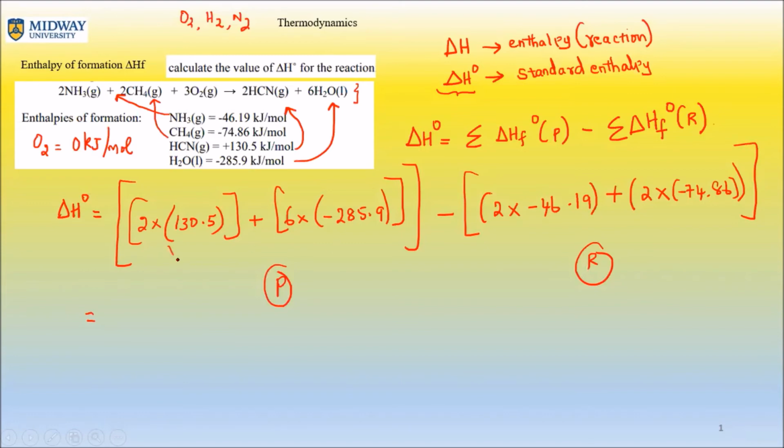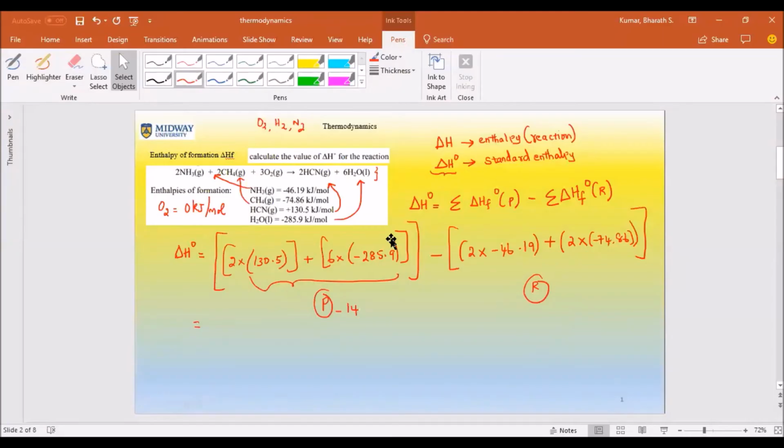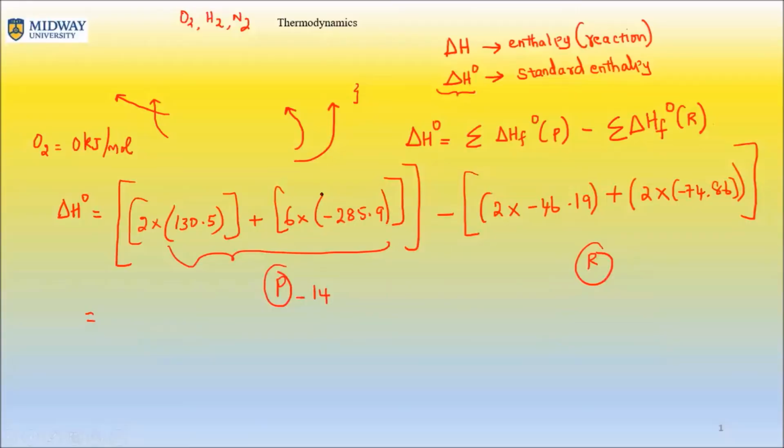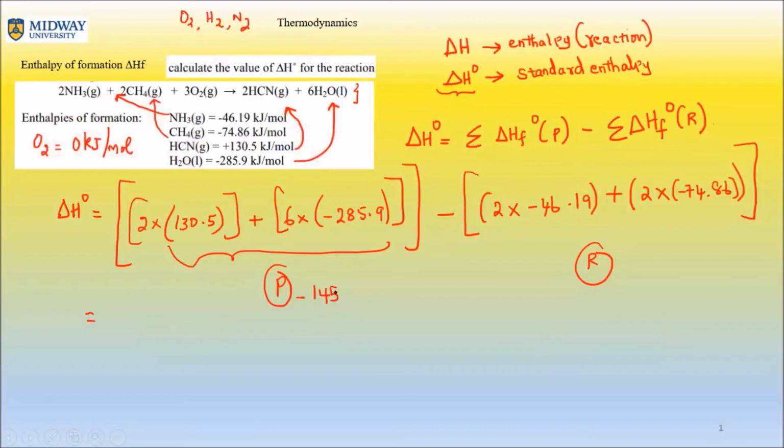So the product side, this whole thing, is negative 1454.4 kilojoules per mole. Actually just kilojoules, because when we multiply the numbers it becomes just kilojoules. This is the product side, and then we do the same for the reactant side.